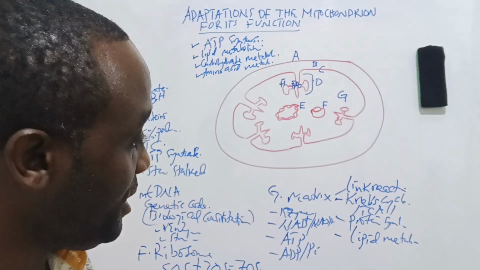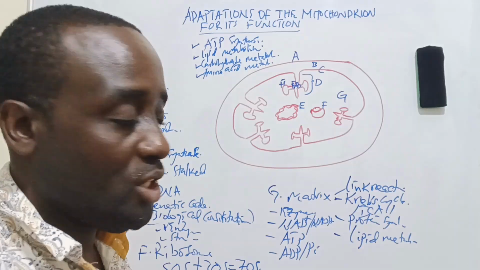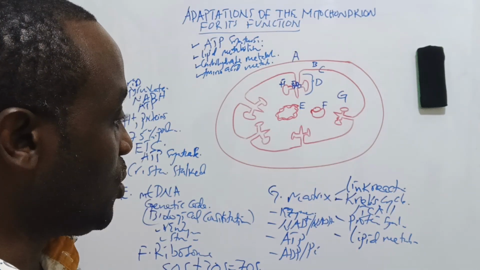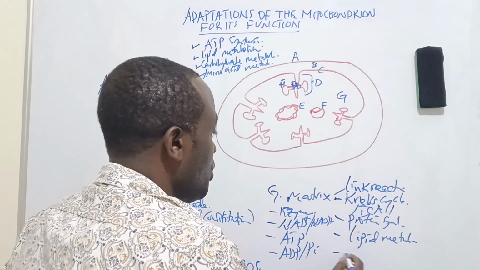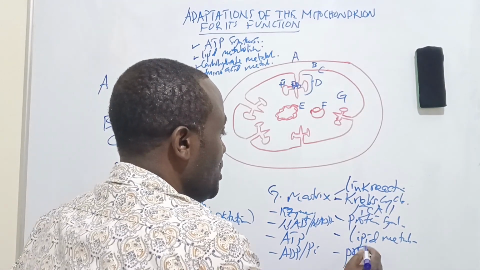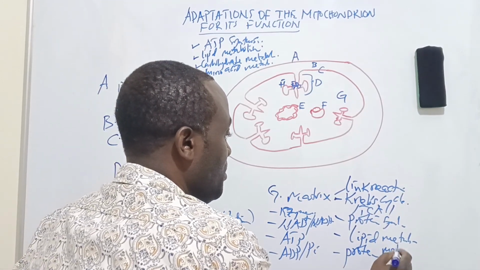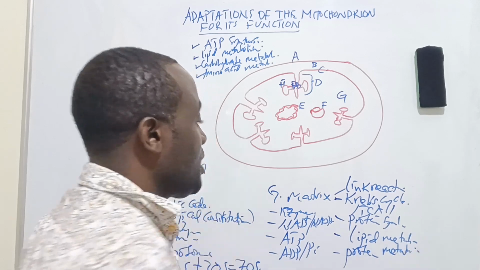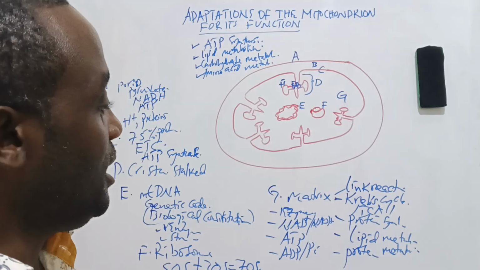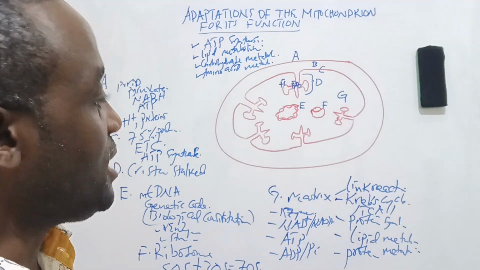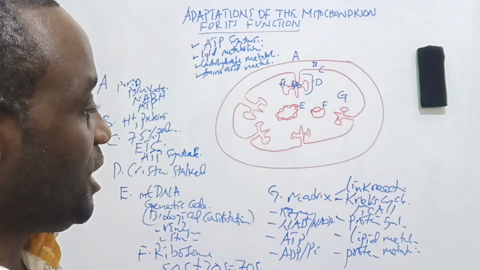Lipids may be synthesized or broken down to liberate energy, or they can be oxidized. It is also a site for protein metabolism. Some proteins can be metabolized in the mitochondrion. That's very important.